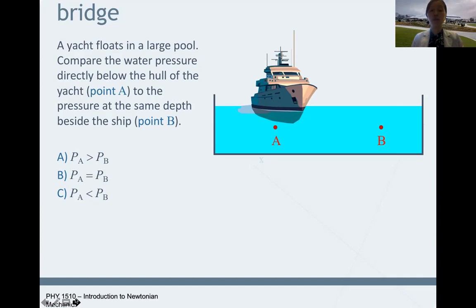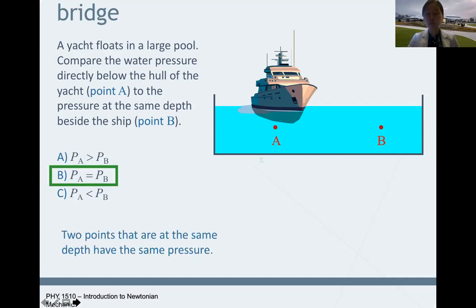So both A and B will have the pressure P naught, the atmosphere, plus rho times g times h. The h would be the height. They have the same height underneath, so they will have the same pressure. So B is correct.